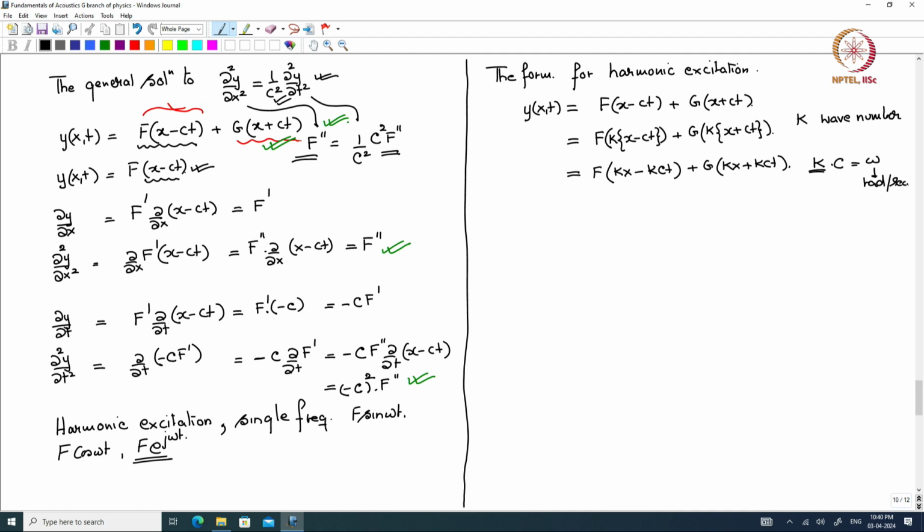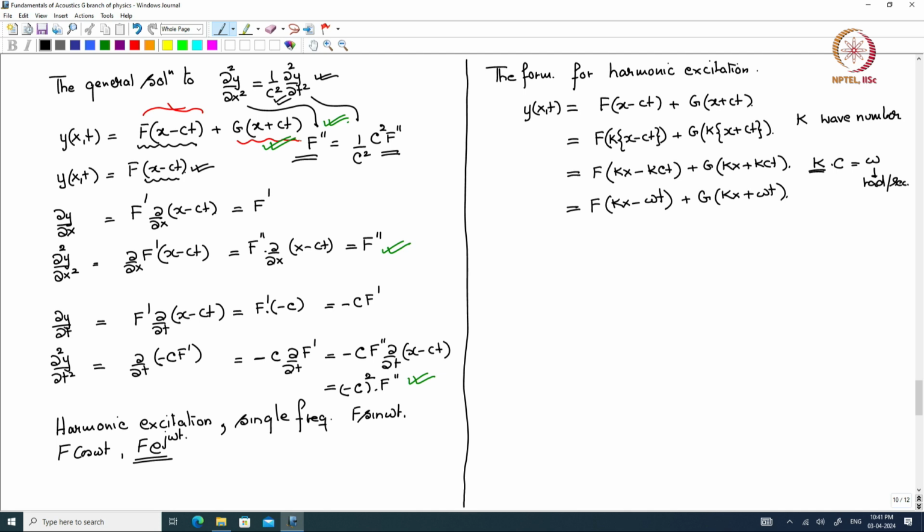Okay. So, what happens here, f of kx minus omega t plus g of kx plus omega t.